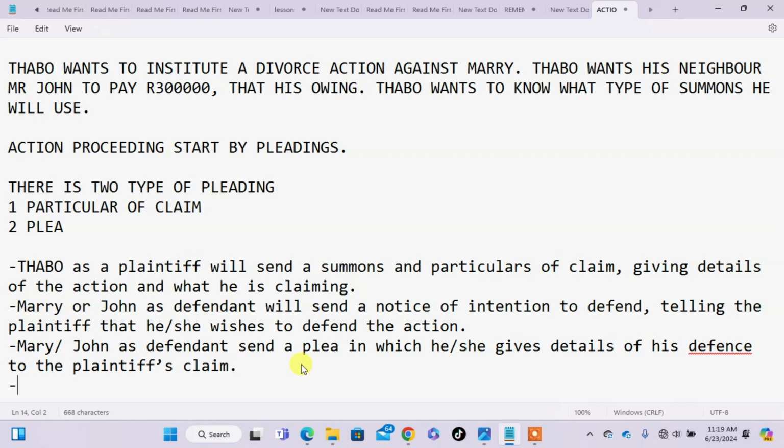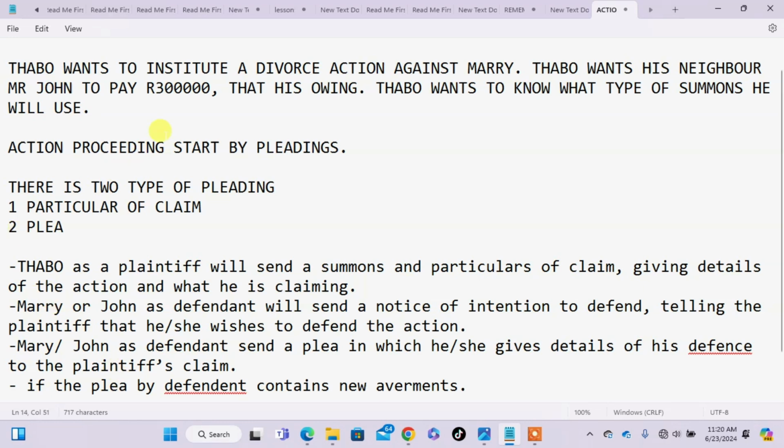Then if the plea by the defendant contains new arguments, for example, John will say that I'm not owing 300,000, actually I'm owing 20,000, and be able to prove it by new arguments.